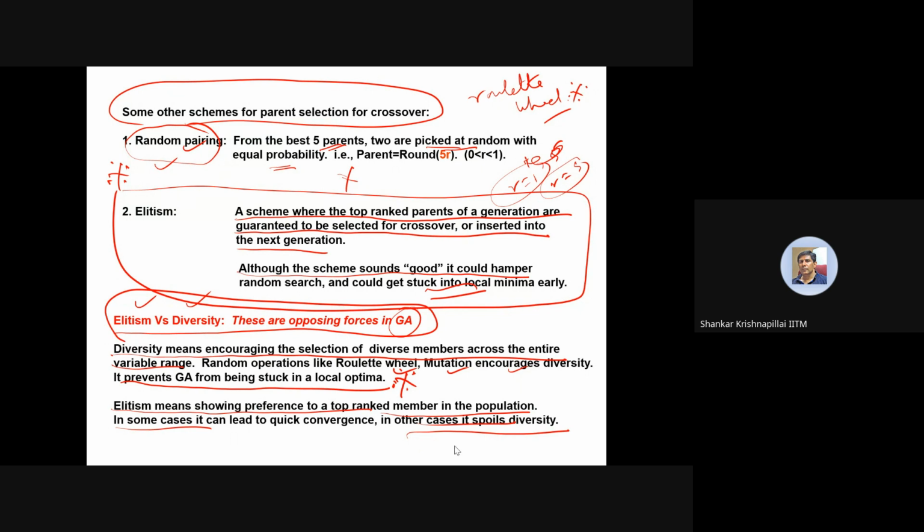So these things can be asked as theory questions. What is elitism versus diversity in genetic algorithms? Not only in genetic algorithms, in particle swarm also we can do the same things. We can pick the best population from one generation and deliberately insert it into another generation.